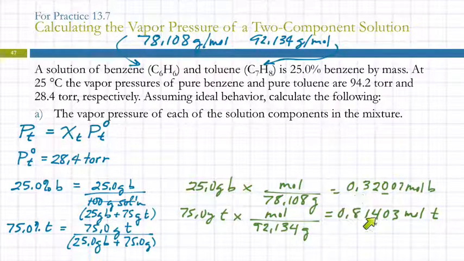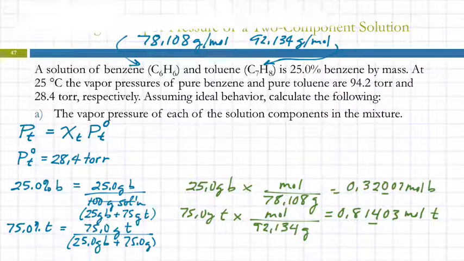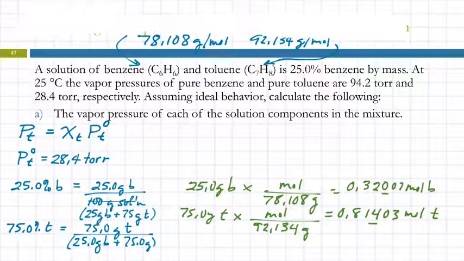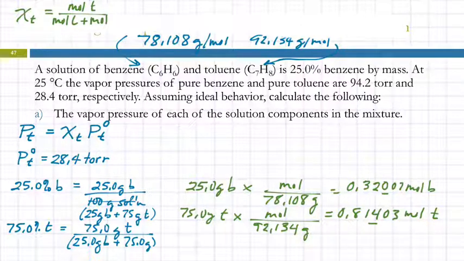We have moles of benzene, moles of toluene. Now we can calculate the mole fraction for toluene. I'm going to make a little space up here. Mole fraction of toluene equals moles of toluene divided by moles of toluene plus moles of benzene.